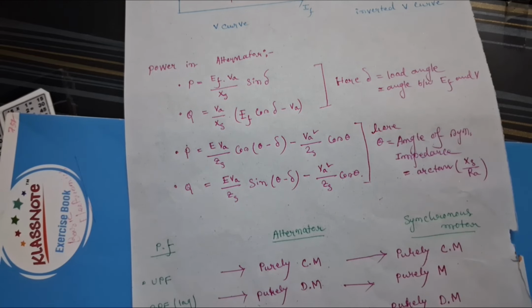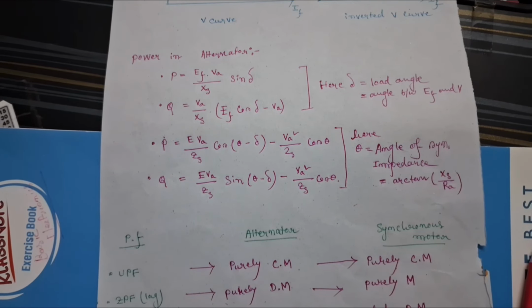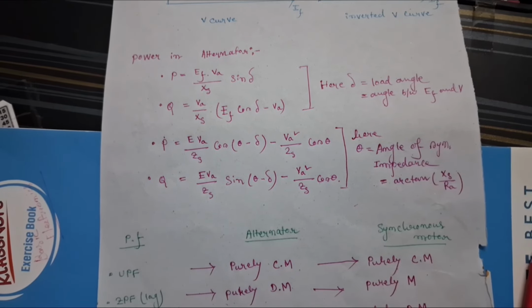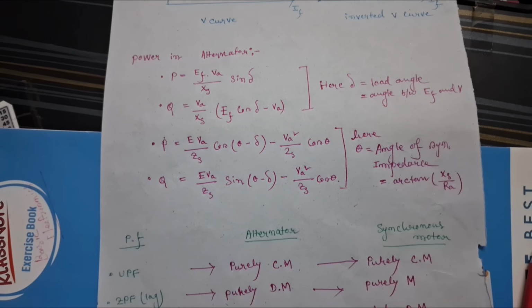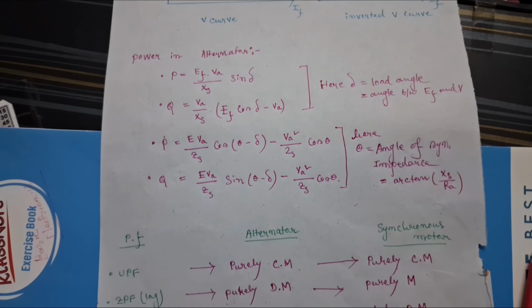Then you have to remember the characteristics of alternator and synchronous motor in various power factors. It is also applicable for DC generator or DC motor. In unity power factor, the alternator or DC generator works as purely cross magnetization, and the synchronous motor is also purely cross magnetization.